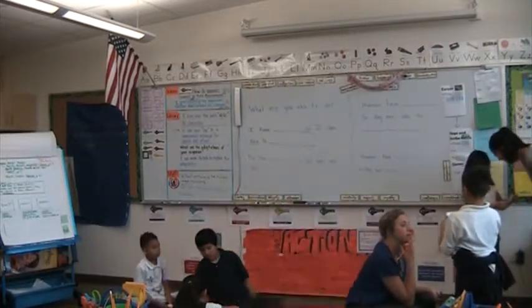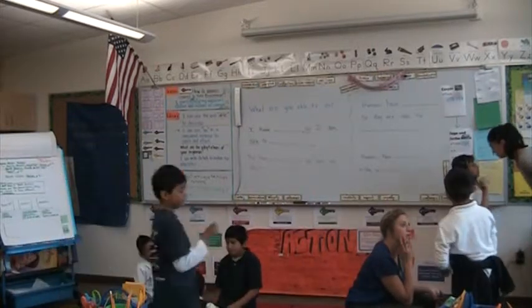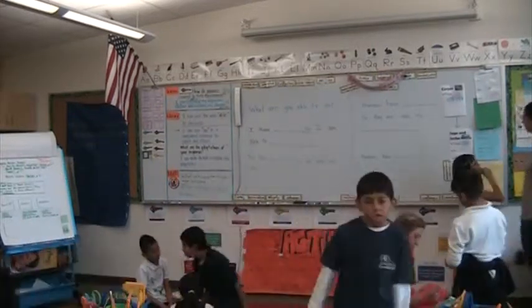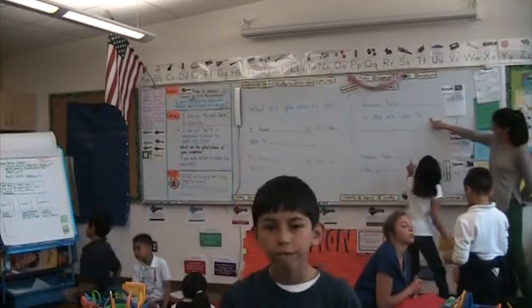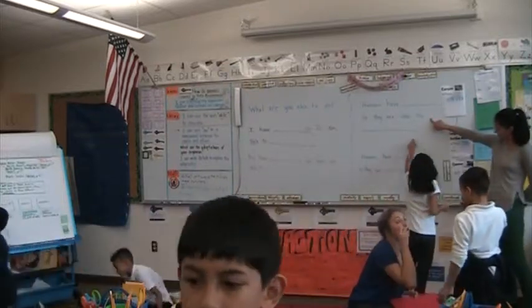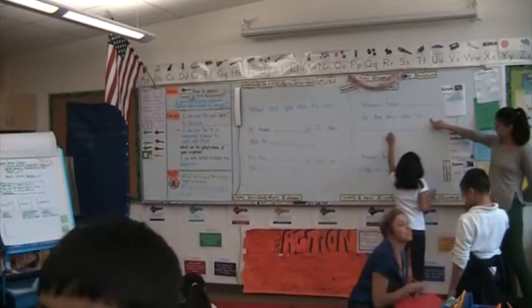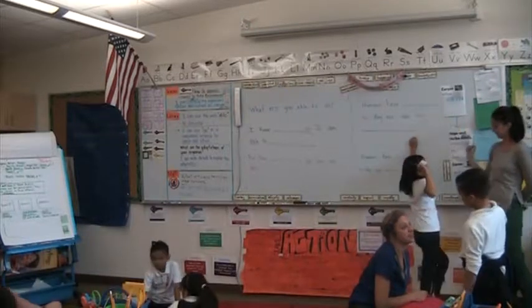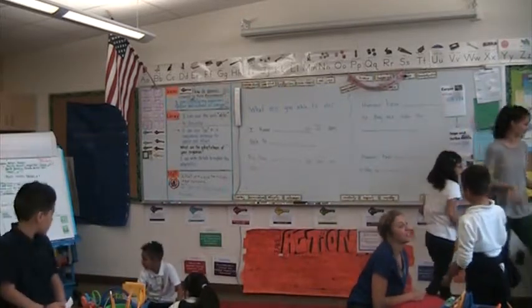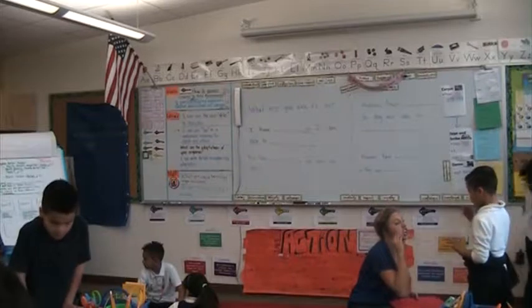Thanks for sharing. How can you see everything from there? Don't touch. It looks black. Mine is red. Let's get it back over by the carpet.